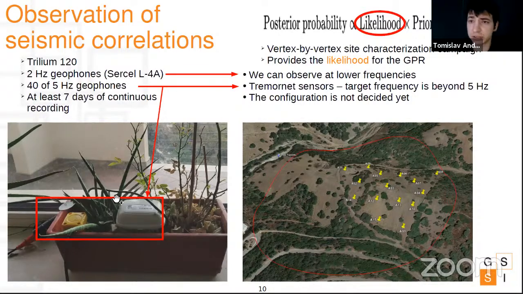Of course, GSSI will be part of the Vertex by Vertex site characterization campaigns. And the final configuration of the field is not yet decided. It will be decided once we know which instruments we will have at our disposal.